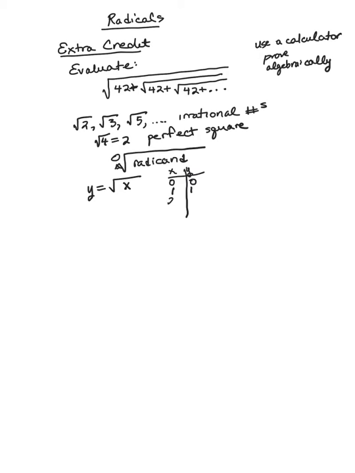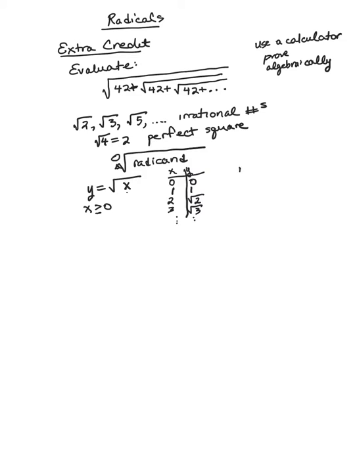When x is 2, y is root 2, whatever that decimal approximation is. 3, root 3, etc., etc. Notice we cannot pick negative numbers. x has to be positive or equal to 0, because if x is negative, we have an imaginary number and we want to deal with the set of real numbers.